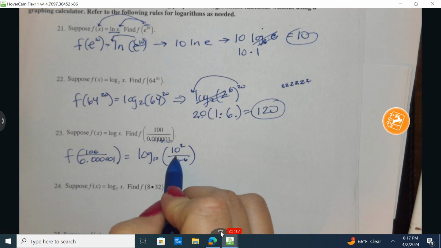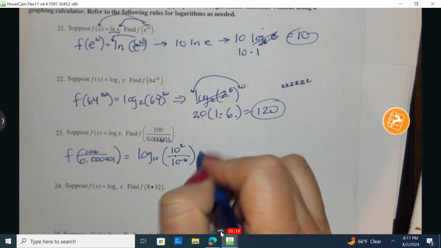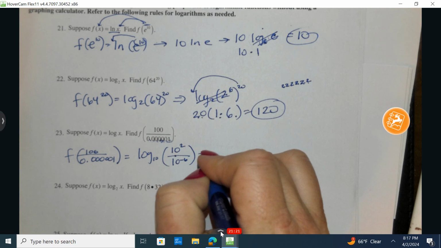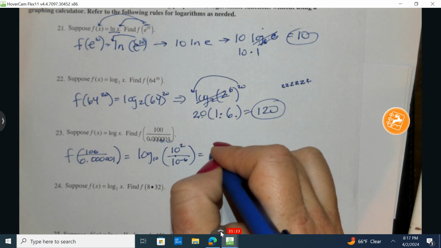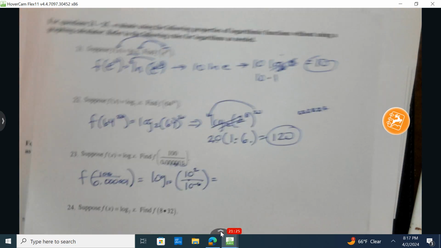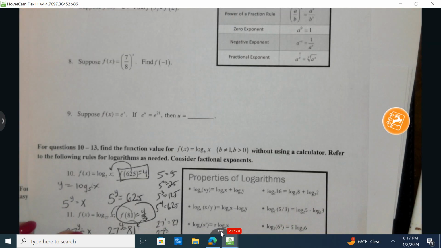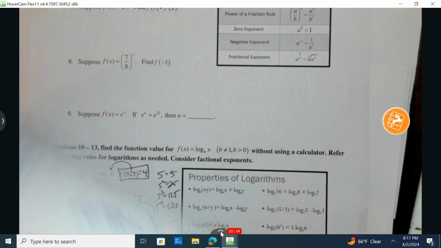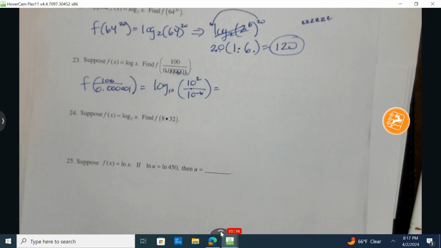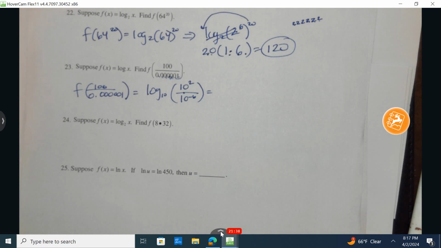When you have division and you expand it, we're able to do so using subtraction. That goes back to one of the rules you can see on the second page, which is right here. When you have division, it can be expanded. So this is in condensed form. It can be expanded into subtraction, just like multiplying can be expanded into addition.